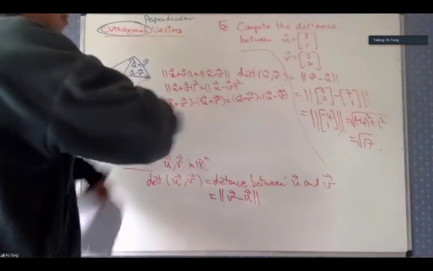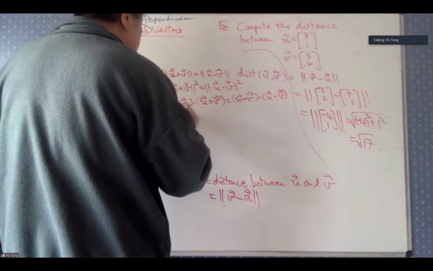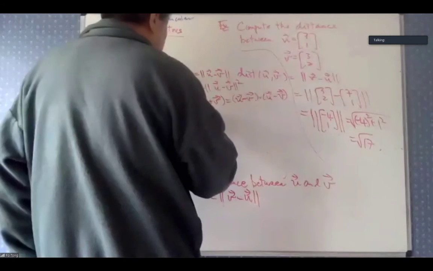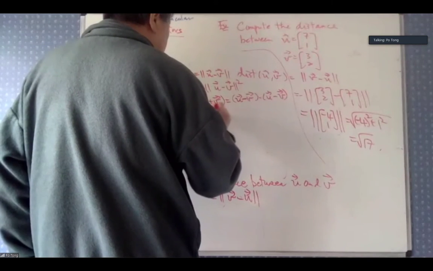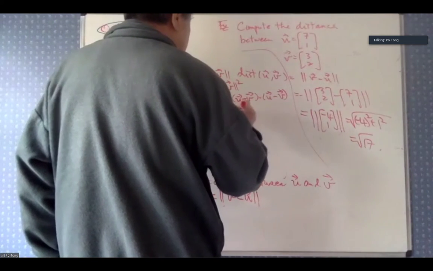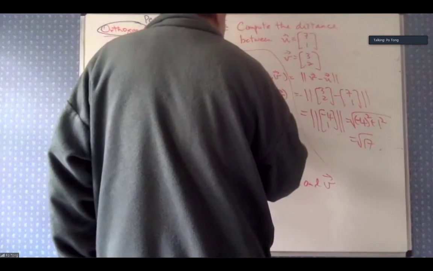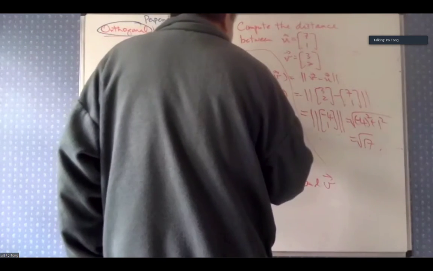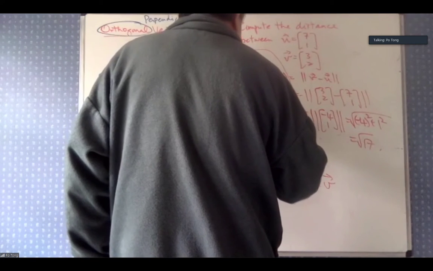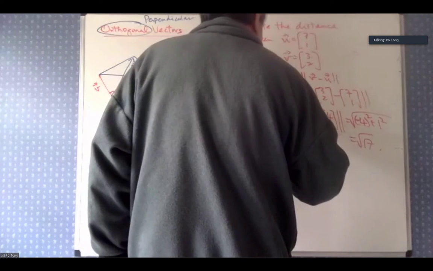Now, when you distribute this, you have u dot u, plus 2 times u dot v, because u dot v is the same as v dot u, plus v dot v. On the other side, I will have u dot u minus 2 u dot v plus v dot v.